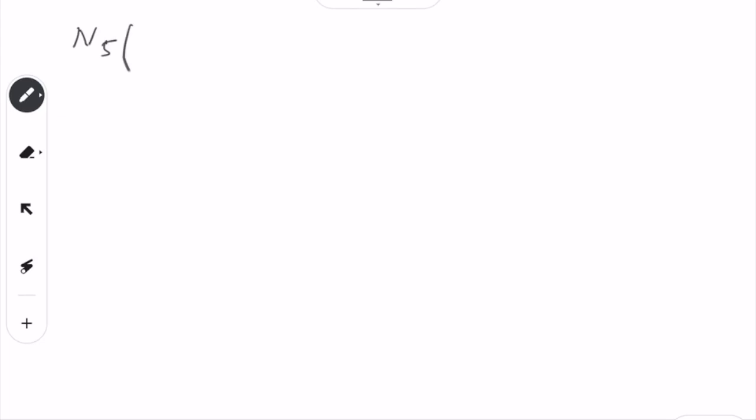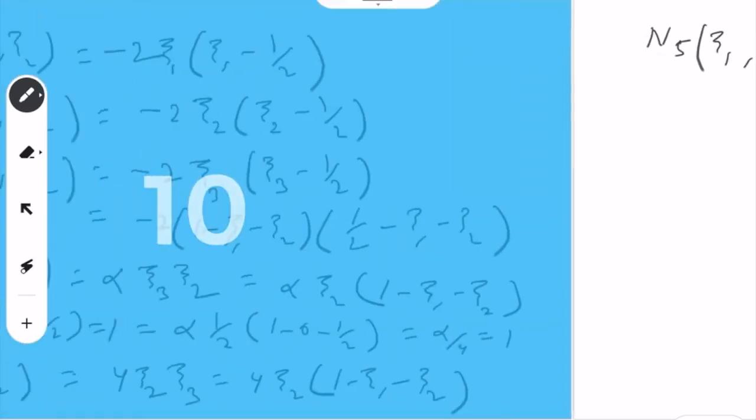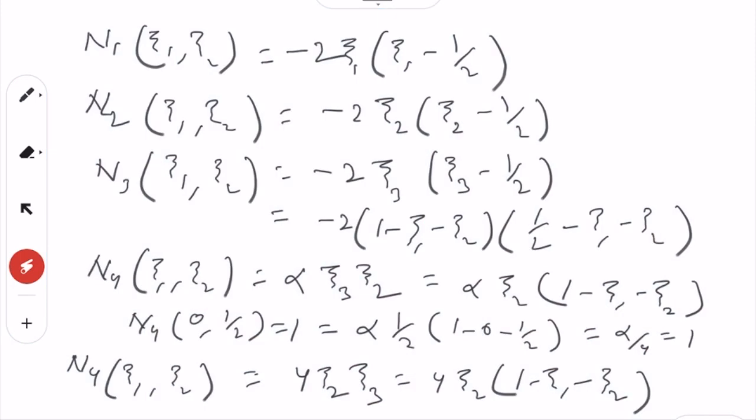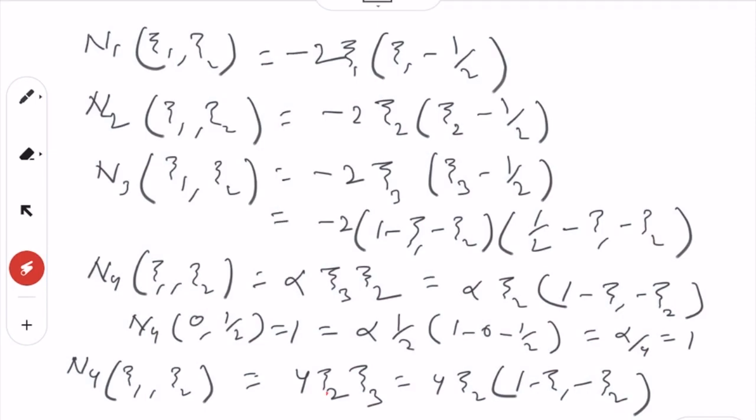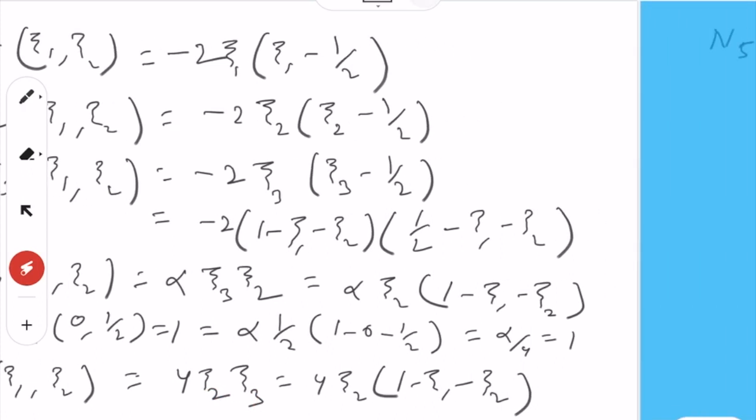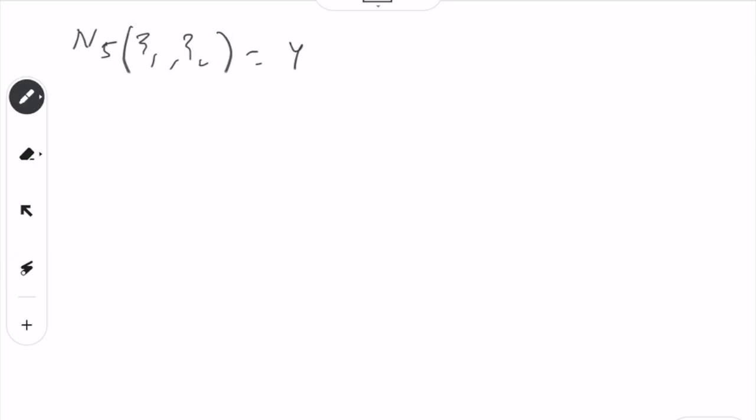So n5 of xi1, xi2 is equal to 4 xi3 xi1, and we know that xi3 is 1 minus xi1 minus xi2, times xi1.